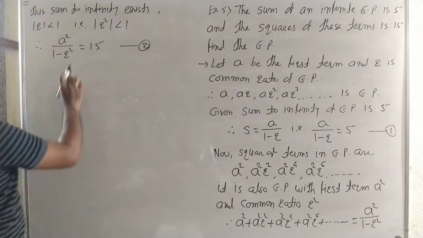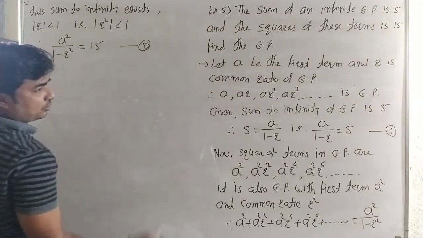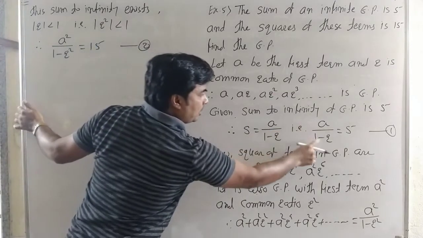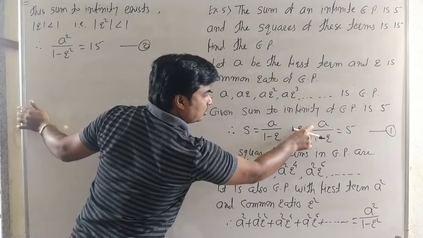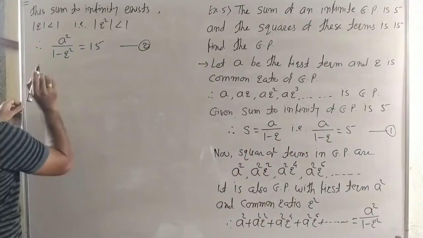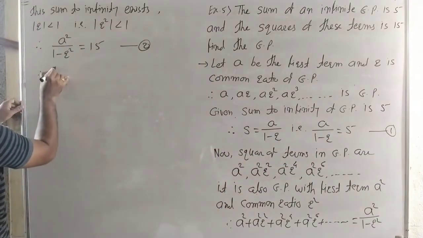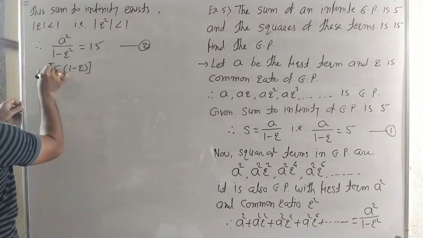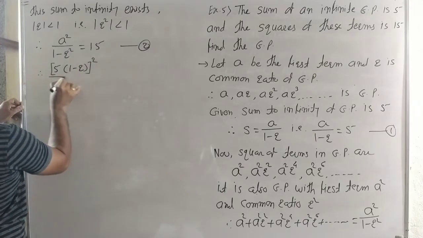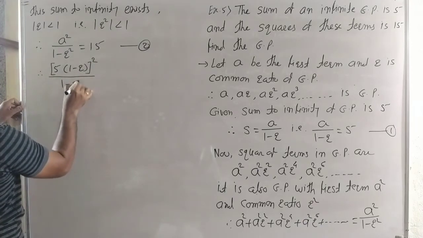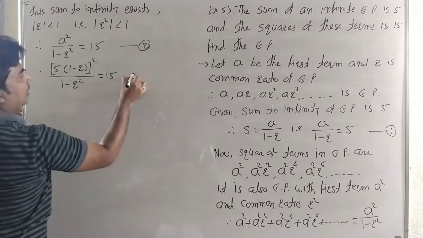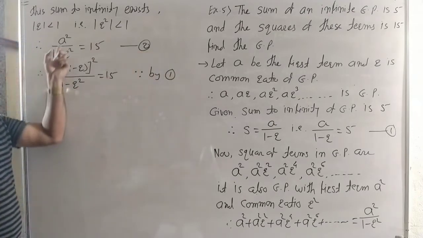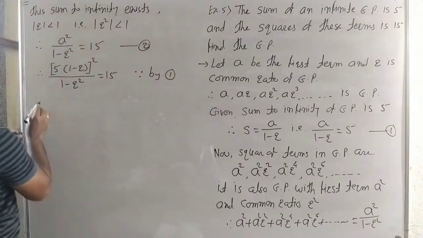Now here, by using equation 1 and equation 2, see carefully. Here a upon 1 minus r is equal to 5, that means a is equal to 5 into 1 minus r. Therefore, 5 into 1 minus r whole square upon 1 minus r square is equal to 15, by putting the value of a from equation number 1. Now we calculate this.